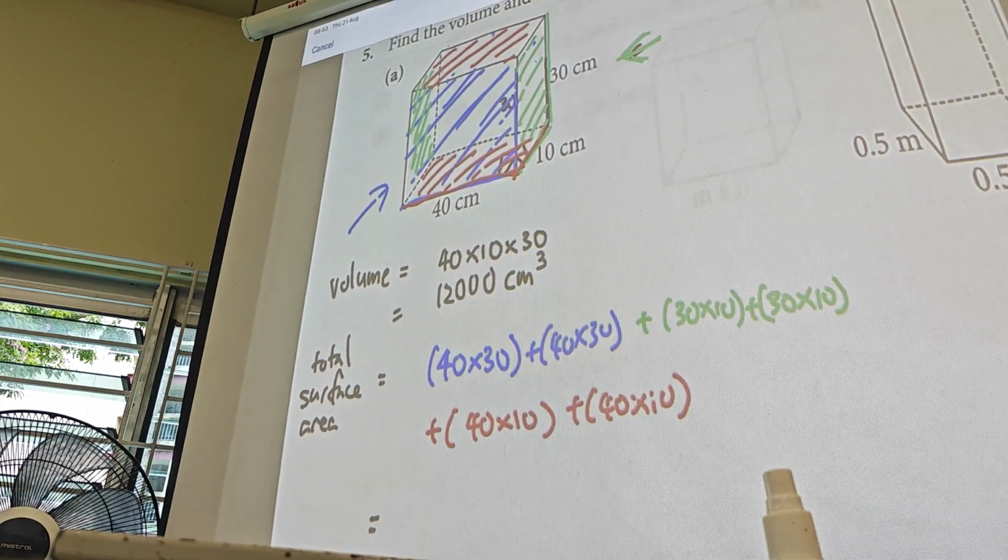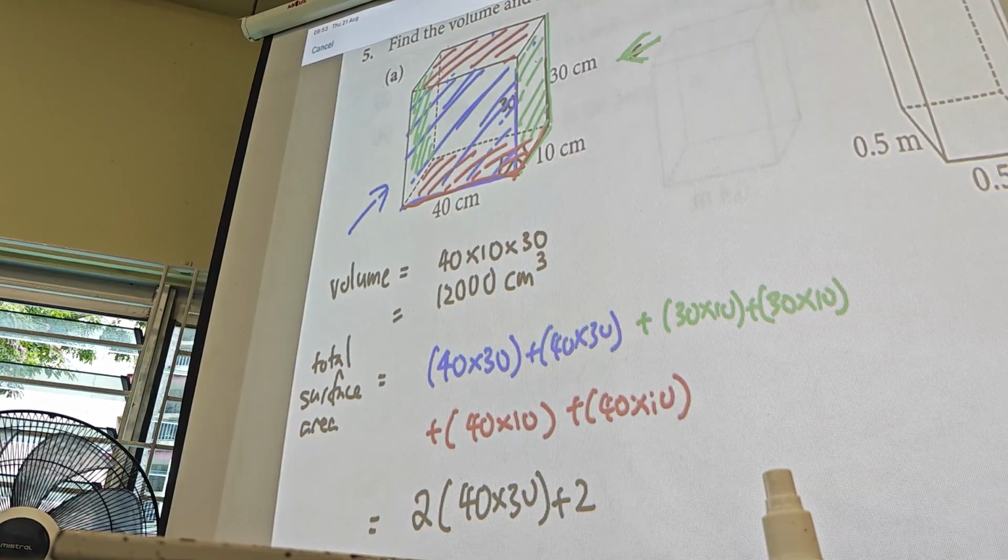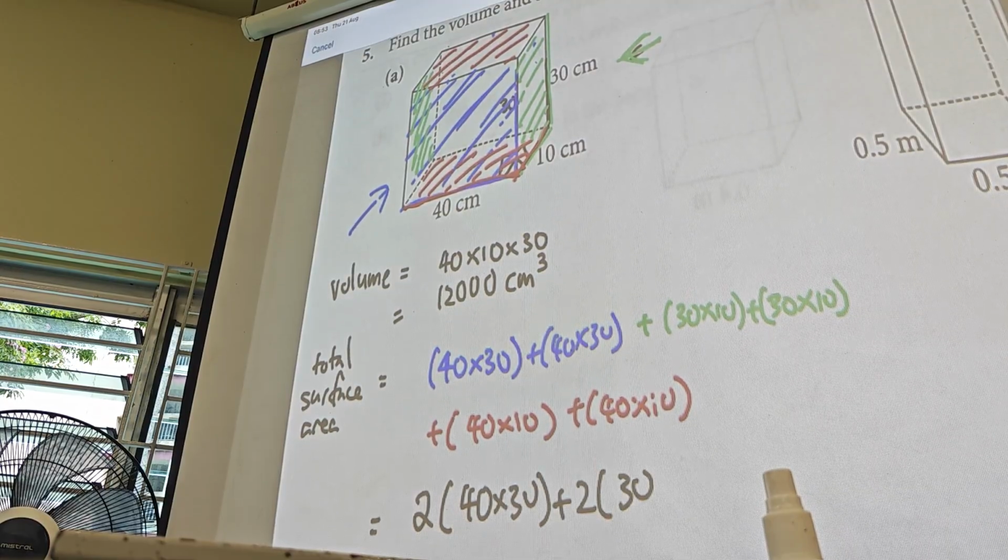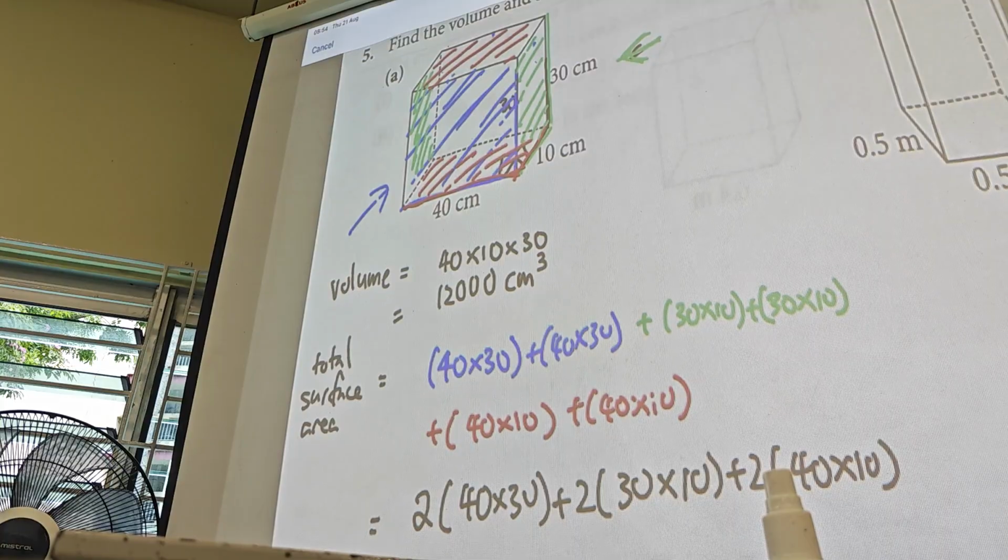Okay? You know the idea what is total surface area: you get the object, then you go and identify, then go and add them together. For cuboid, it will be 3 pairs of same area. So, when I really write, I can just write 2 times of 40 times 30 plus 2 times of 30 times 10 plus 2 times of 40 times 10.